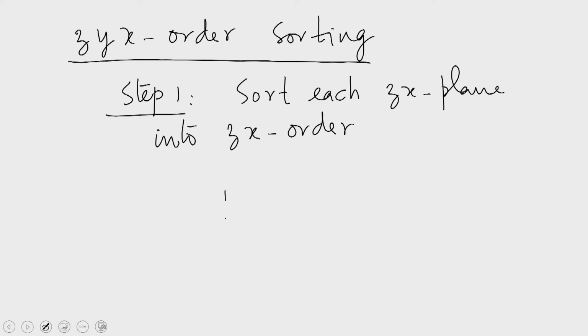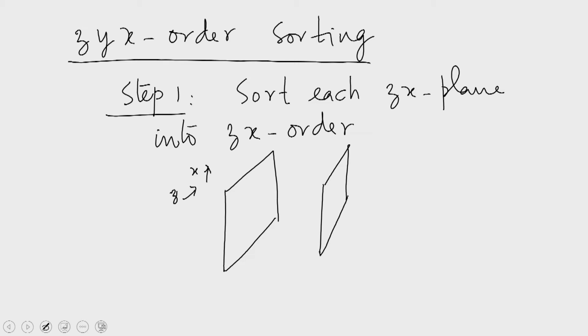What it means is that we consider the zx planes, the upward dimension is the x dimension and the into the board dimension is the z dimension. So we consider the zx planes and we sort each zx plane of the mesh in zx order, which means x moves first. So if we are sorting from top to bottom, we will be sorting the elements in this fashion.